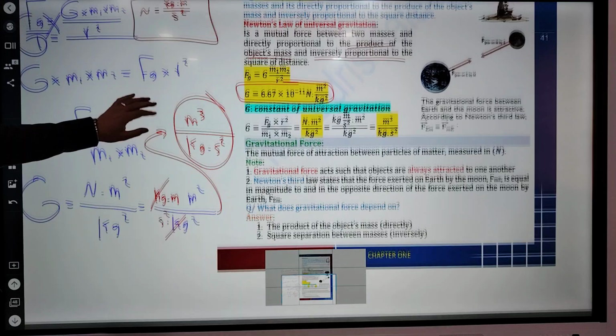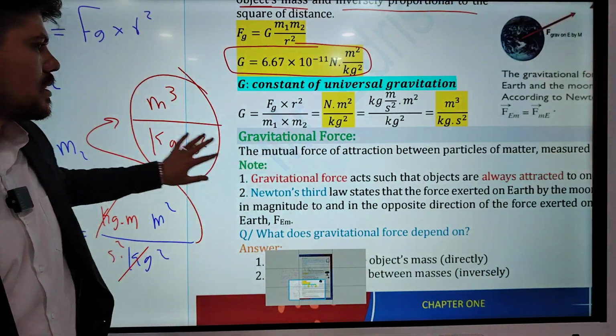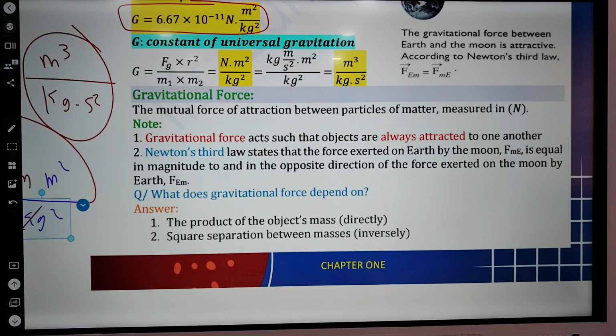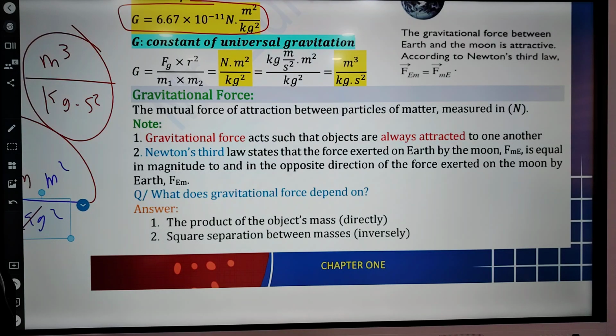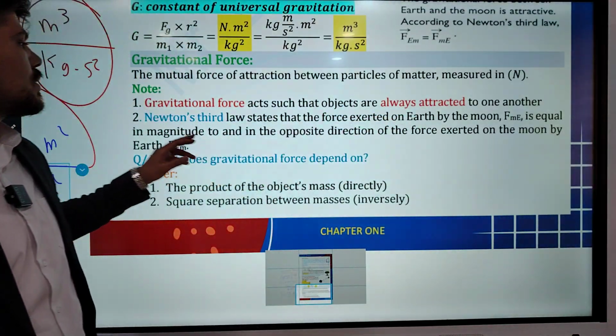So what is the gravitational force? The gravitational force is the mutual force of attraction. The force is always attractive. Why? Because the mass of an object is always positive. It is the mutual force of attraction between particles of matter, measured in Newton. Objects are always attracted to one another.